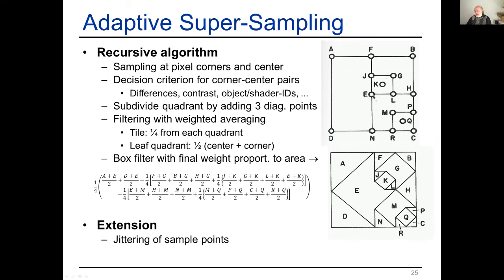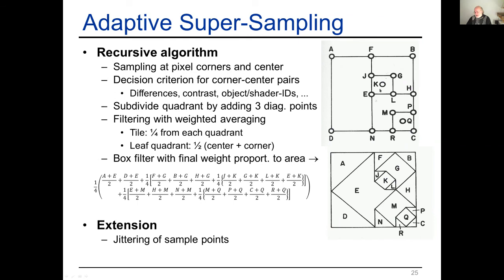And now for each quadrant, you compare whether there is too much difference. So you compare A and E to figure out if you think there is stuff going on there. Essentially, if A and E are too different, then you would subdivide the top left quadrant. In this case, we don't do this.